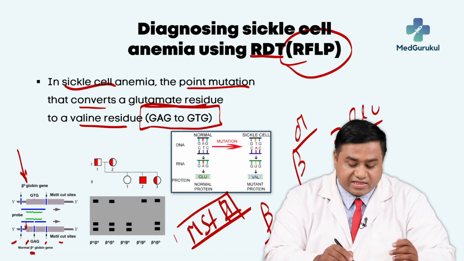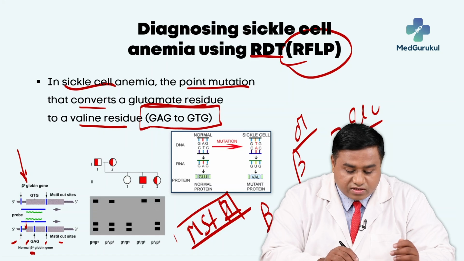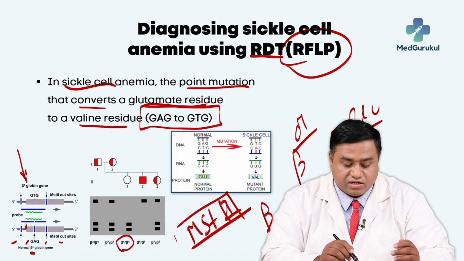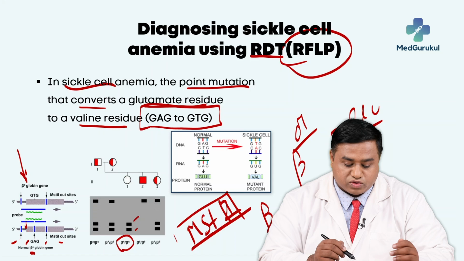So here you can see in this gel electrophoretic picture, there is normal adult hemoglobin. After treatment with restriction enzyme, two fragments are produced.